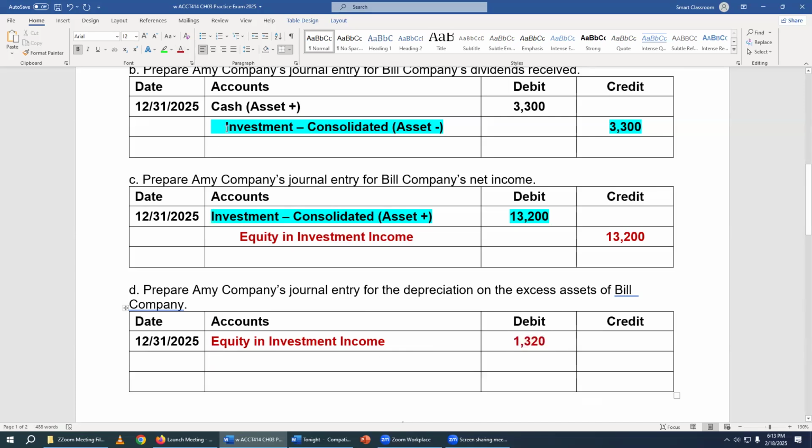And it needs to come out of our investment consolidated asset because, hey, how come I didn't space over? Gonna reduce it.